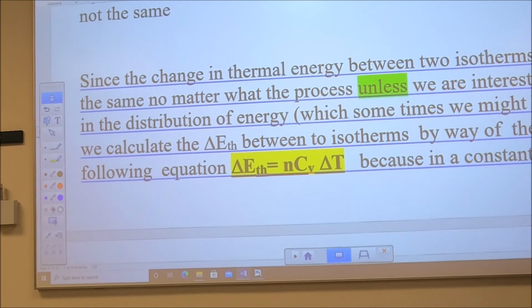Since the change in thermal energy between two isotherms is the same no matter what process you use, unless we're interested in the way the energy is distributed, whether it came in as heat or work, we can always calculate delta E thermal based on the isotherms and a constant volume process.